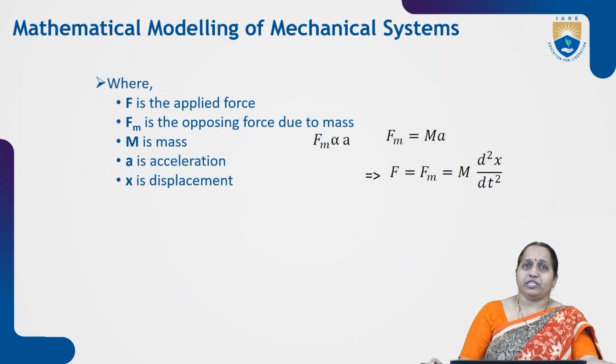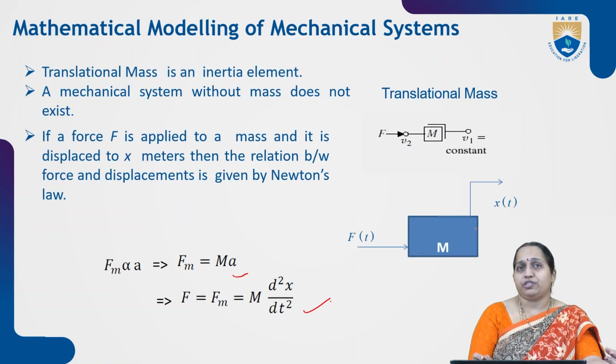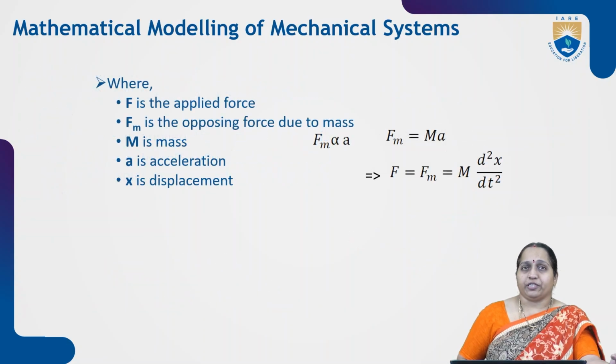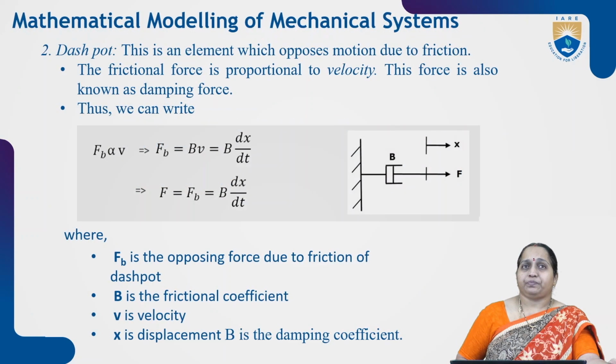Here F is the applied force, Fm is the opposing force due to mass, m is the mass, a is acceleration and x is displacement.